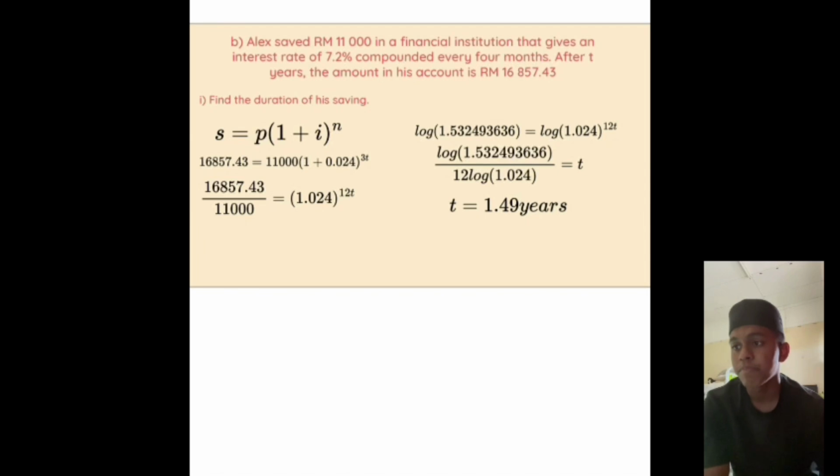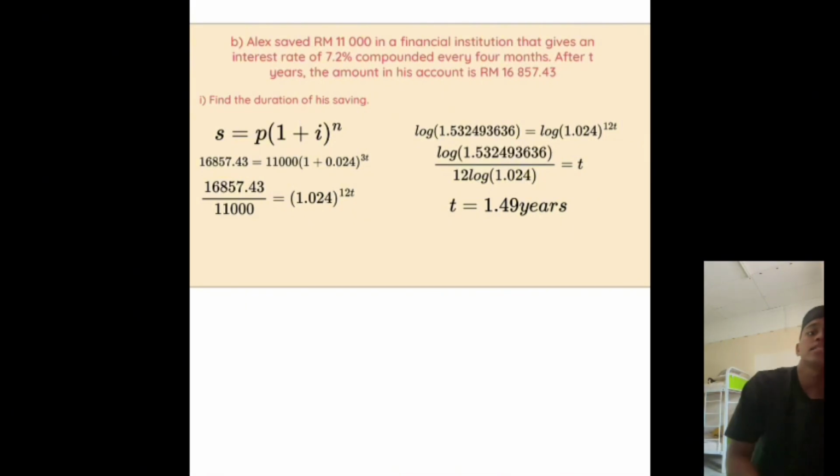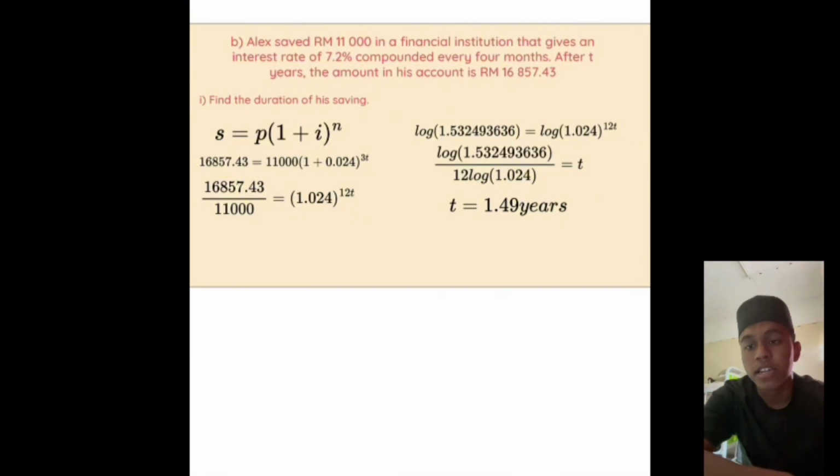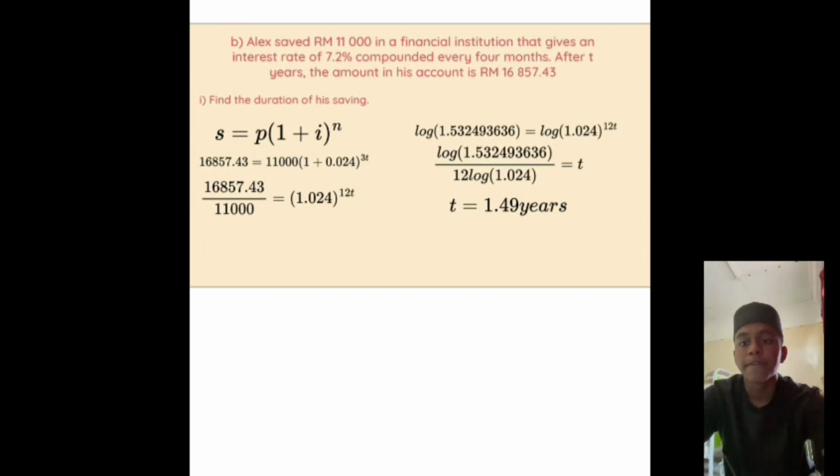So we move P again, S per P, and we get the answer 1.532493636, and we take the log. Then we divide by log 1.024, and we use a calculator, and we get the answer 1.49 years.